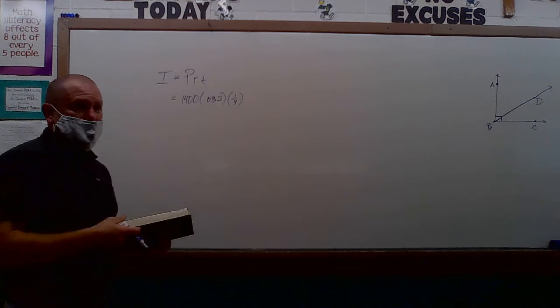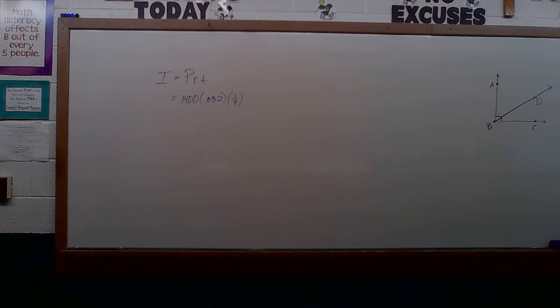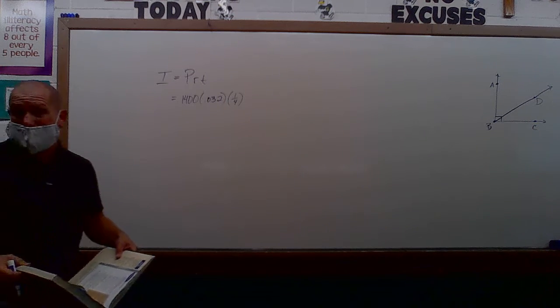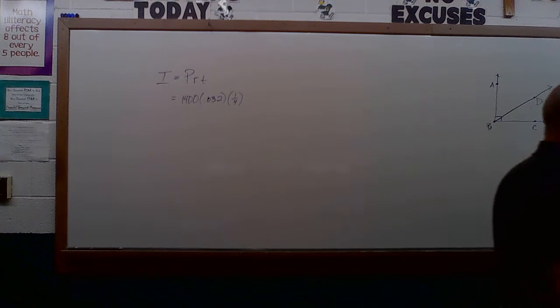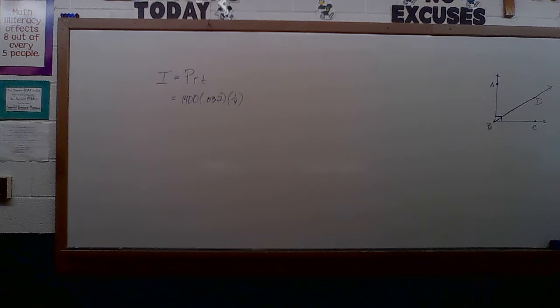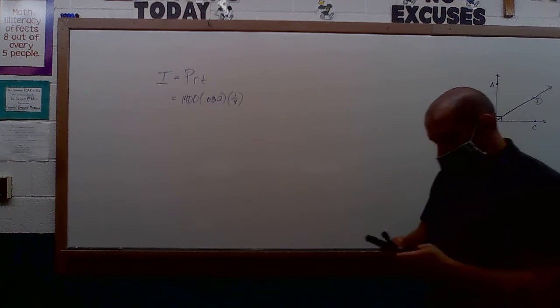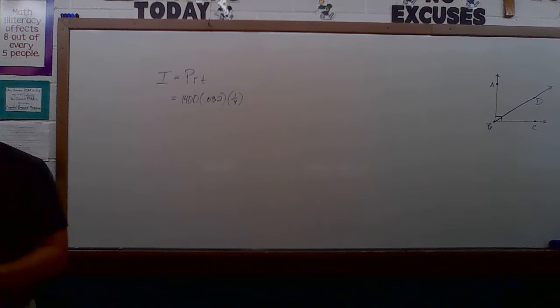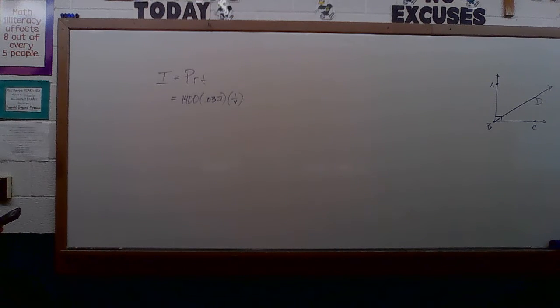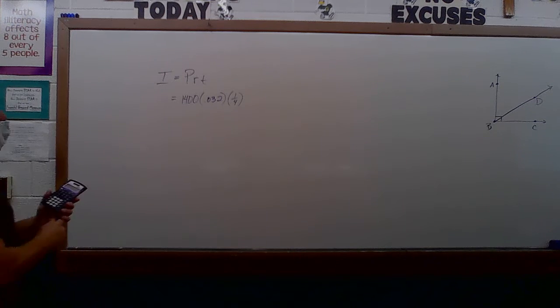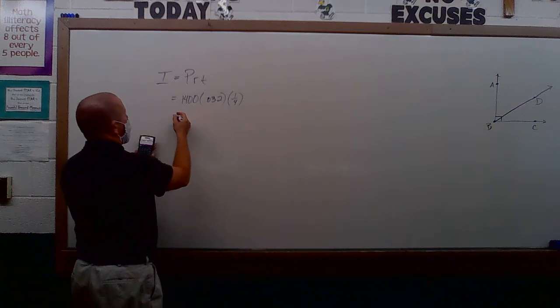Let's say 1/4, because it says it's compounded quarterly, right? I just have to do it 2 times. So if you punch this into your calculator, what do you get? I get $11.20.